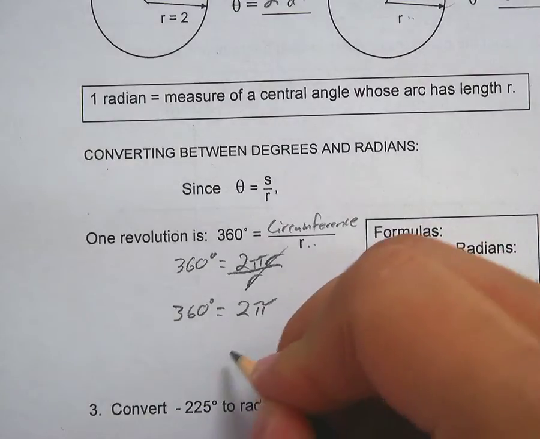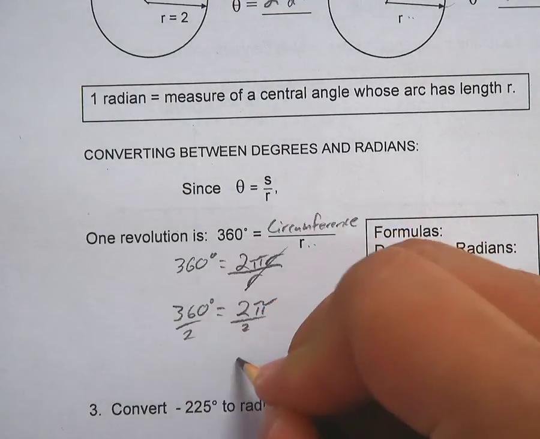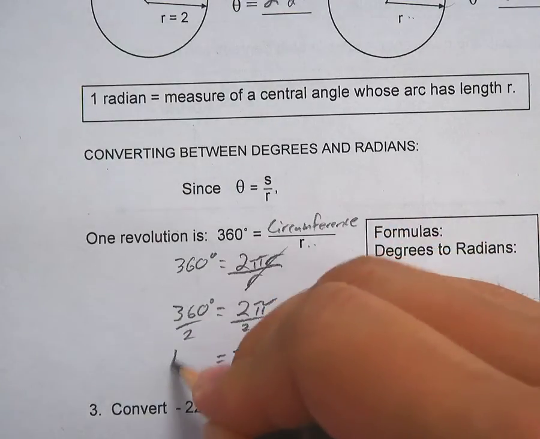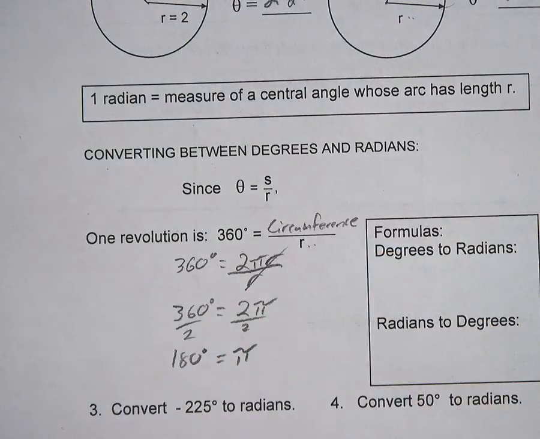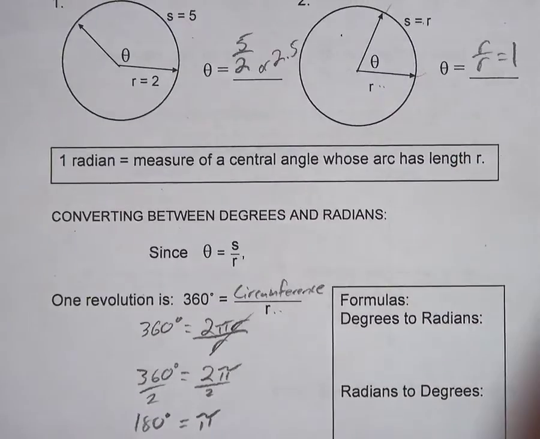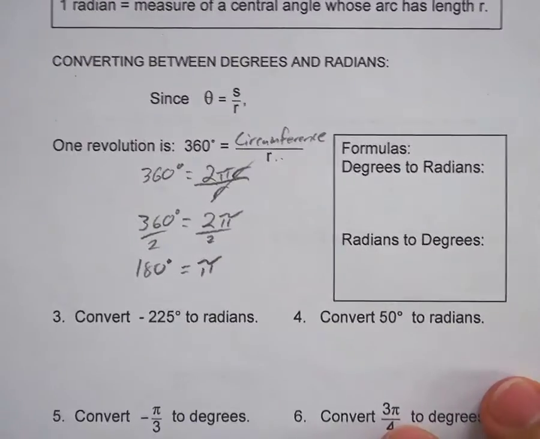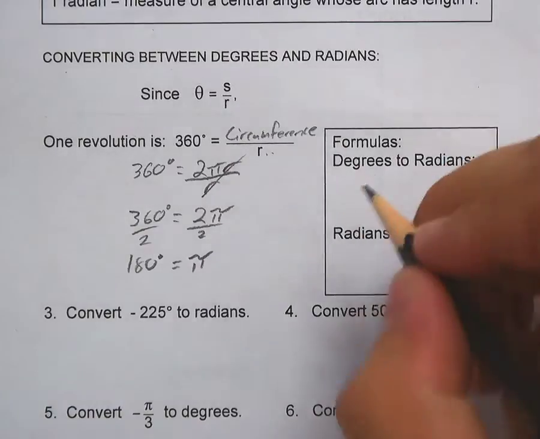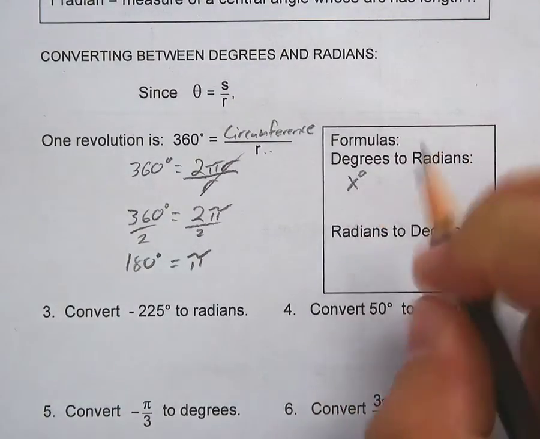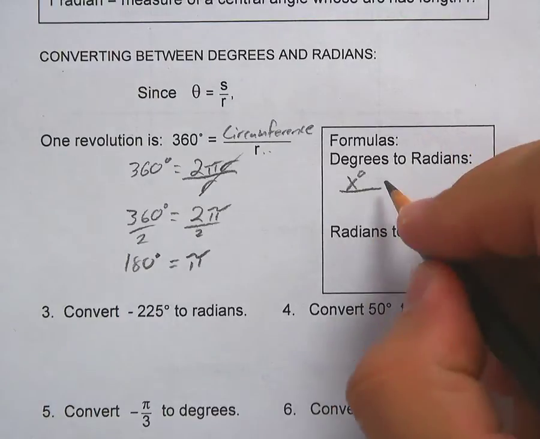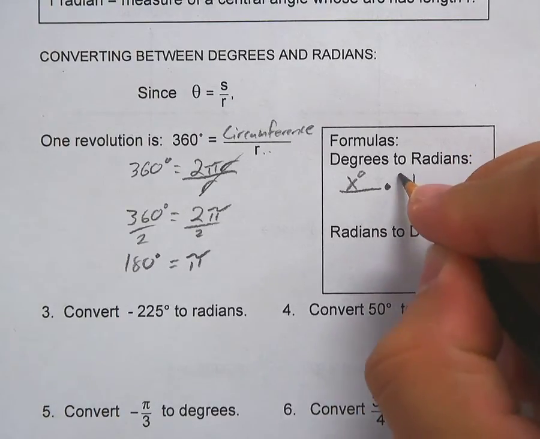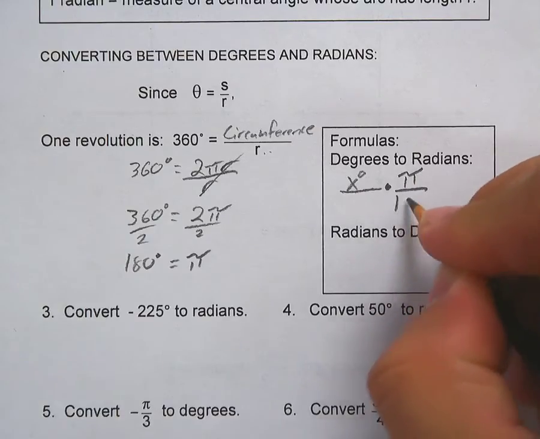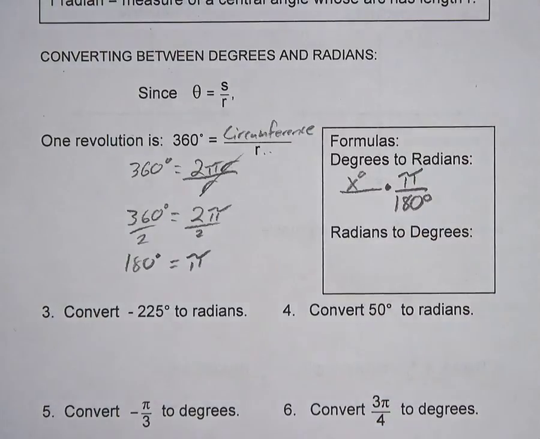So that tells us, dividing by 2, that pi is 180 degrees. As far as formulas go, to go from degrees to radians, you take your number of degrees, multiply by pi, and divide by 180.